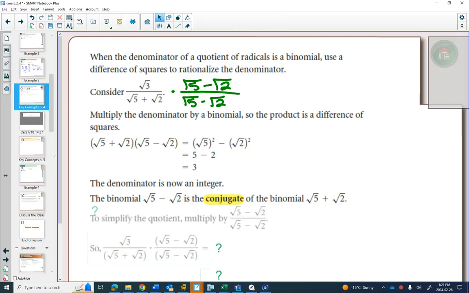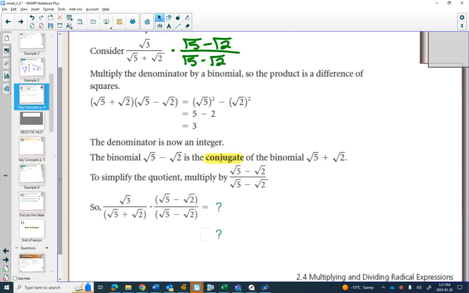We call the same binomial with a different sign in the middle the conjugate. And so when we multiply by this number 1, what ends up happening? The bottom just becomes 3. And when we multiply it out and distribute it across the top, we get root 15 minus root 6 all over 3.